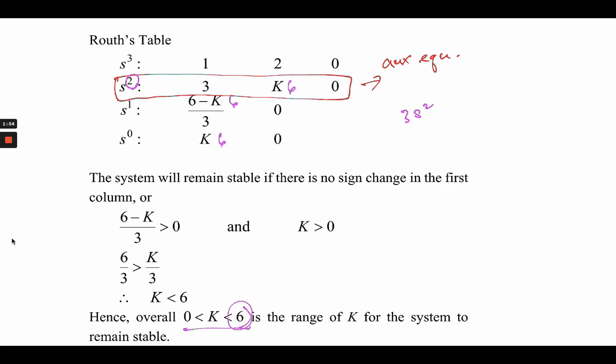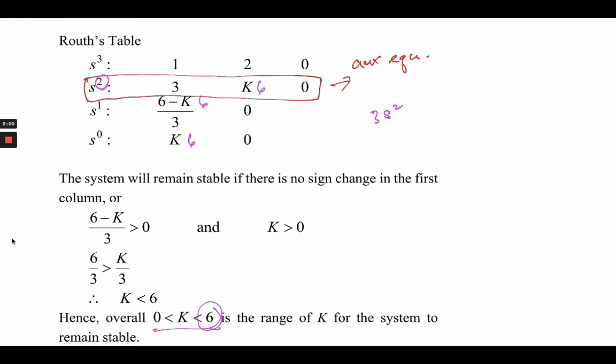So we have 1, 3, 2, k. In this case, k is the power of 0, which we have replaced with the number 6 that we found in the earlier examples. We have it equal to 0. So this is our auxiliary equation.